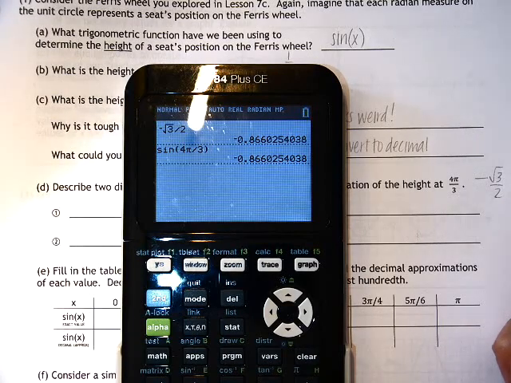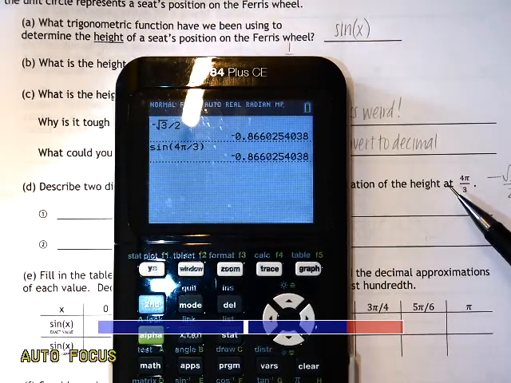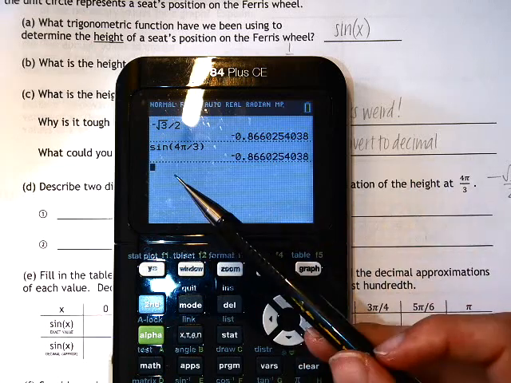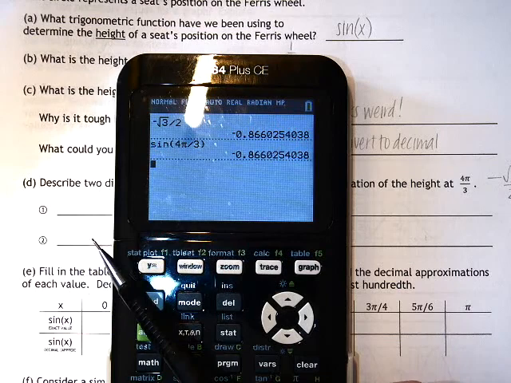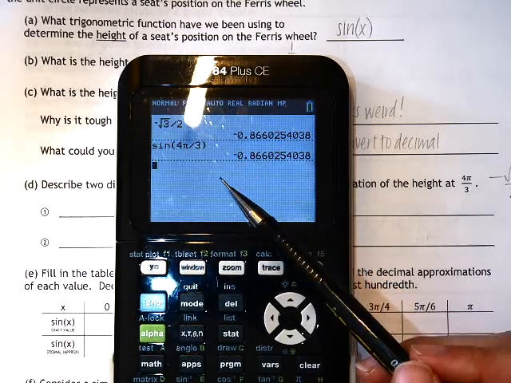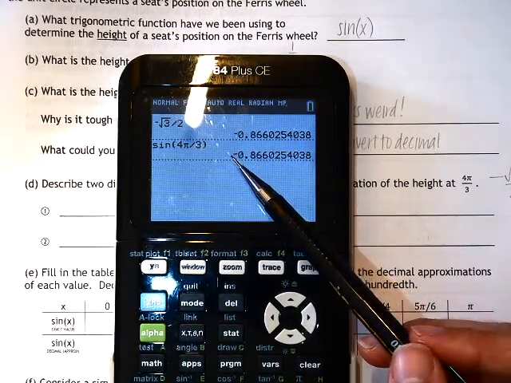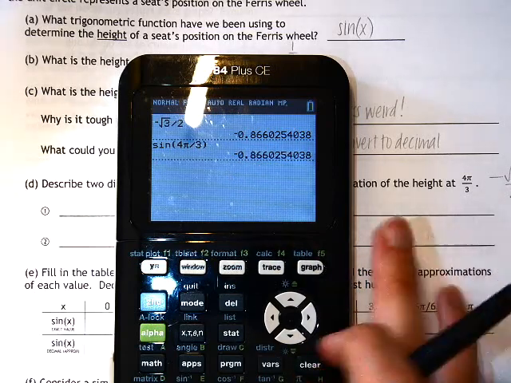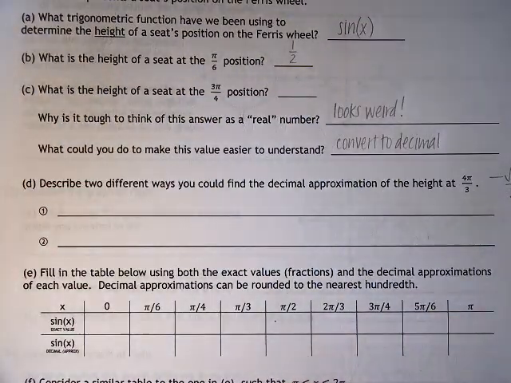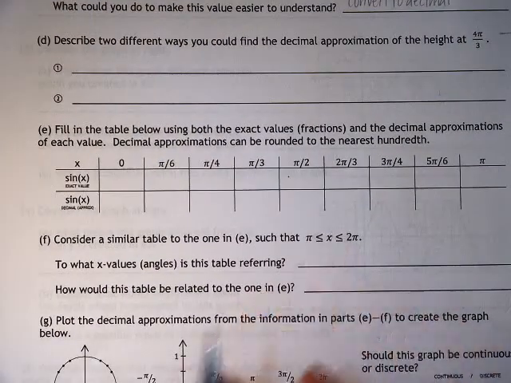So that's a second way that you can get a more familiar decimal: you can type sine into a calculator. Of course, this method is only convenient if you have a calculator, but at least if you have the option of using one, it gives you something that you can do. Now, once you have that, question letter E is something I think you can do.